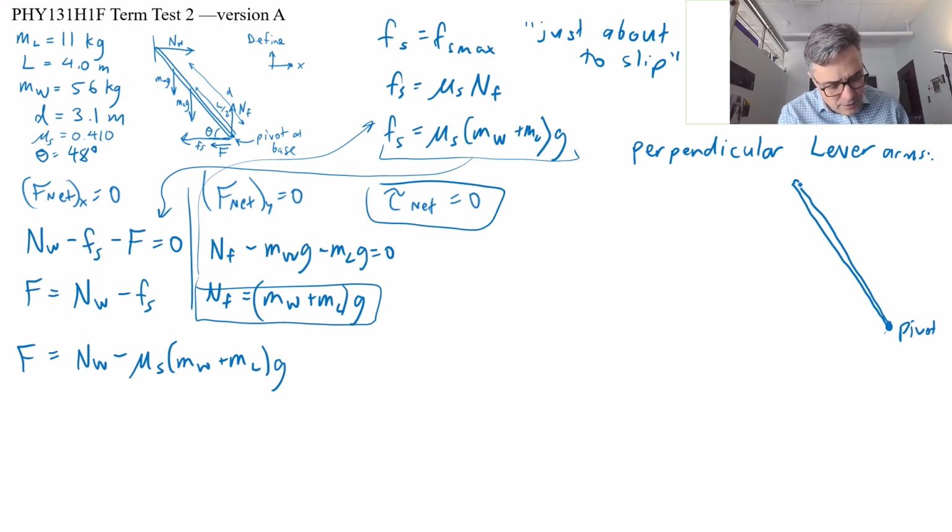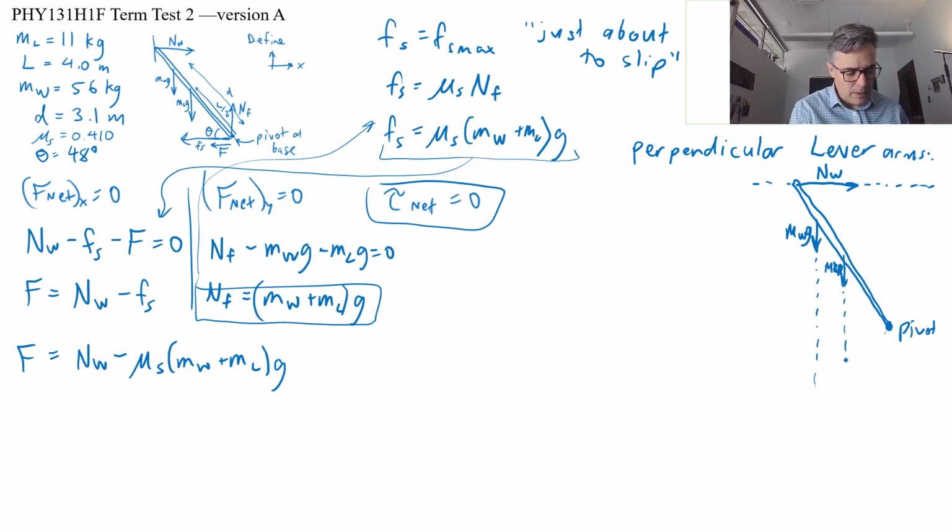The three forces that are creating torques are going to be NW, and there's its force line, the woman's force, and that's that force line, and the ladder's force, M ladder G. Okay, so again, perpendicular lever arm, you drop a perpendicular between the force line and the pivot point in all these cases.